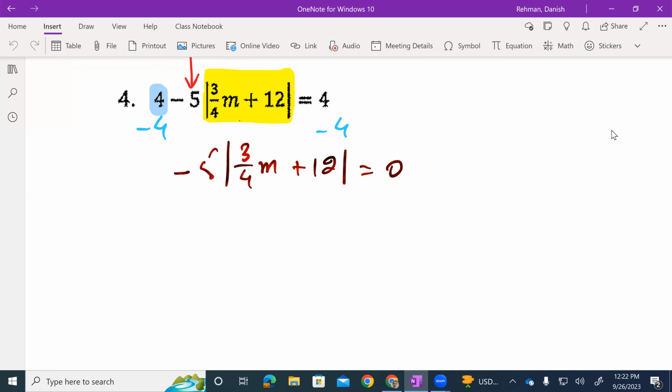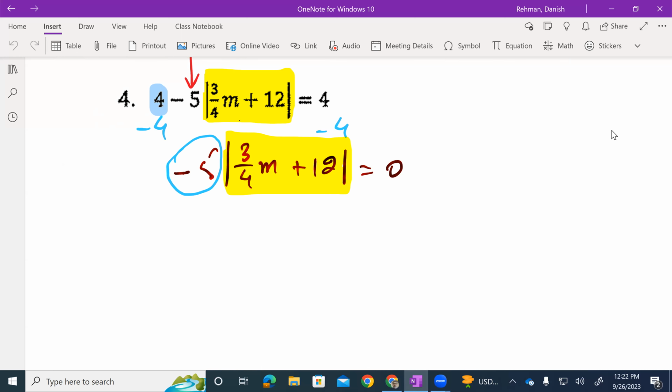Now, is it difficult? No, easy. Good. So I will keep in mind that I'm still trying to isolate the yellow highlighted term. Is that isolated? No. What else do we need to get rid of? We need to get rid of this negative 5. Which operation is it there? Plus, minus, division, multiplication?